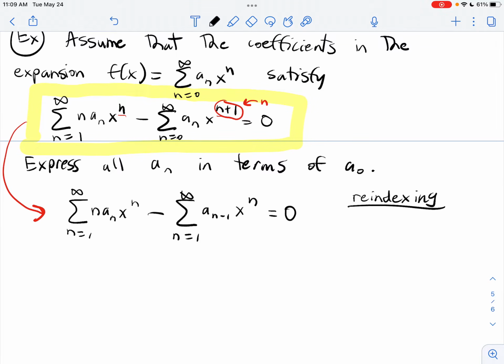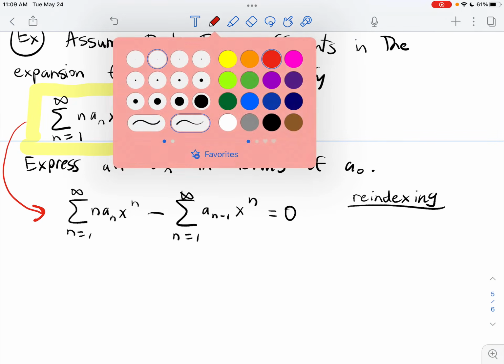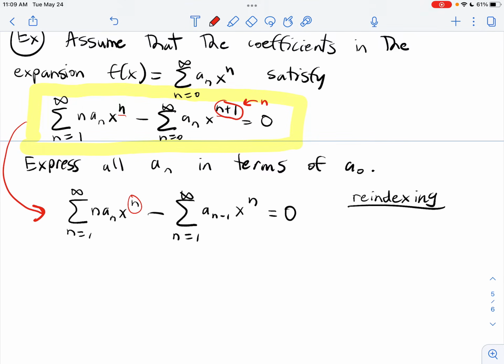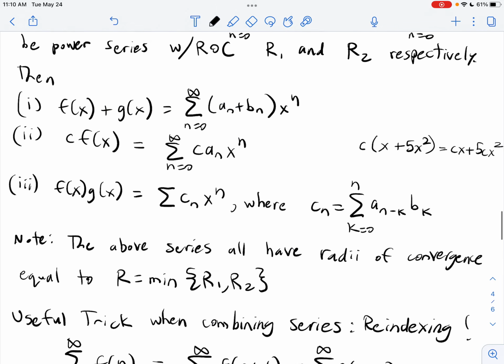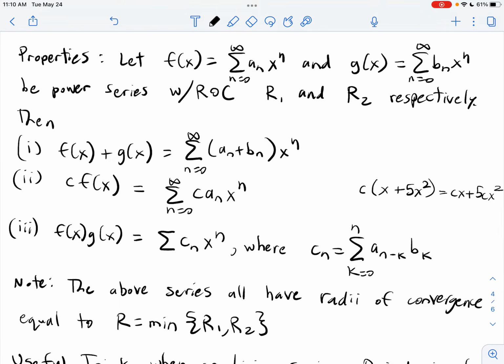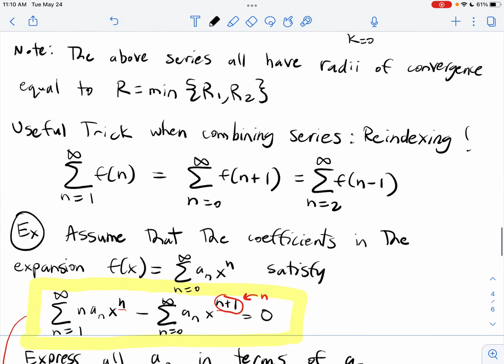Now what? Well, now we can combine like terms, can't we? Because we notice that the powers match, right? We've got x to the n and x to the n. So based on property 1, we know that we can now add or subtract power series together by just adding or subtracting their coefficients.